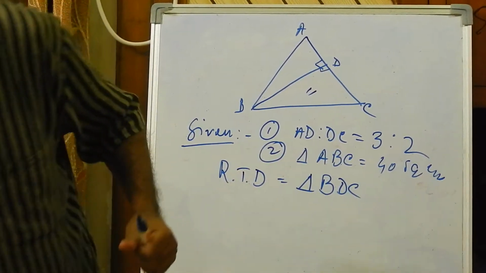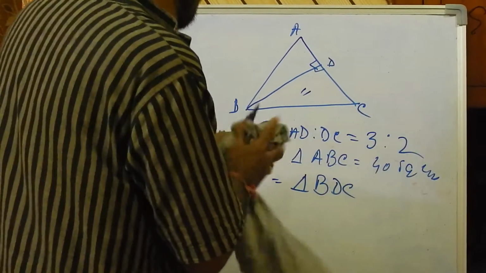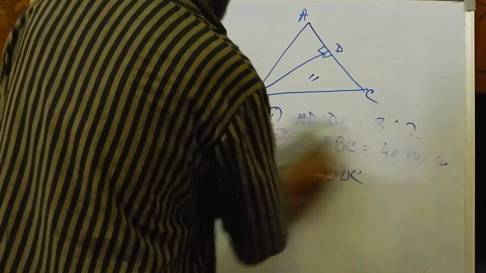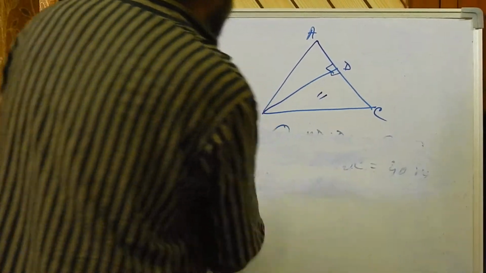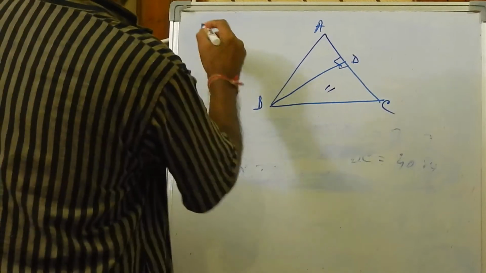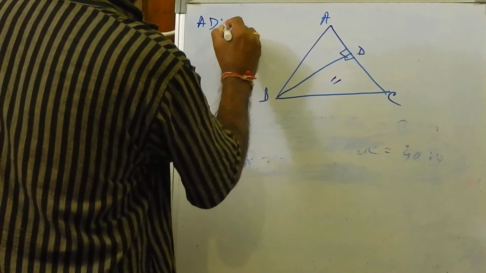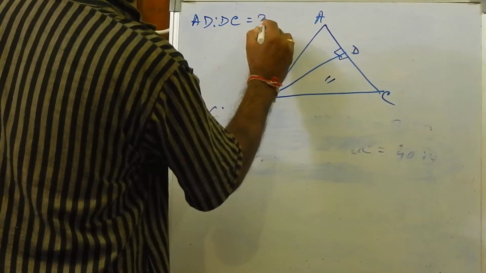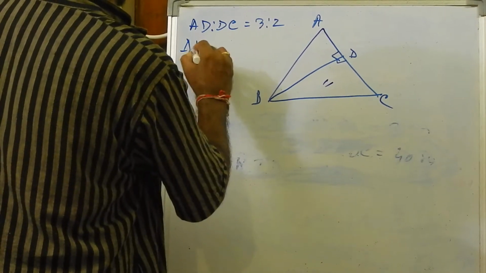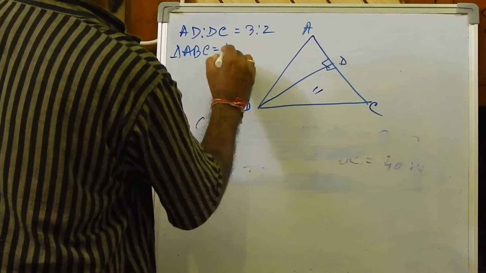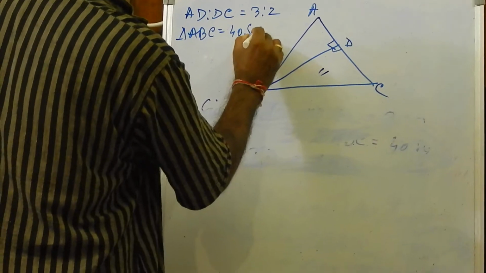Now, AD is to DC, as I told earlier, is 3 is to 2, and triangle ABC area is equal to 40 square centimeters.